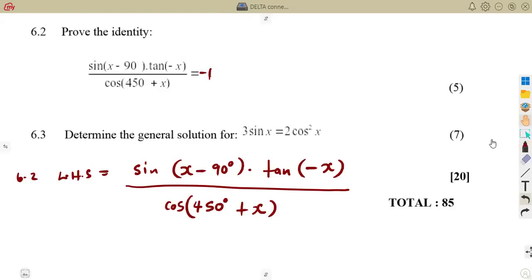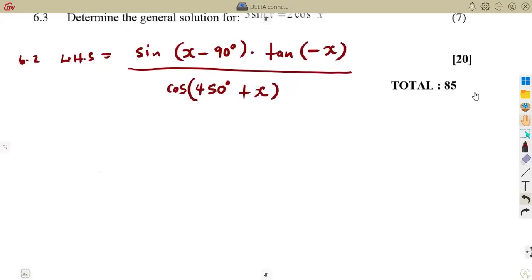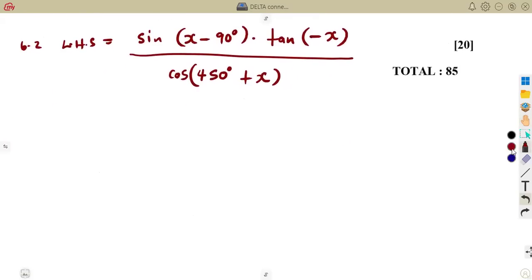Let's see. Working with this, remember your core functions. We know that the sine of 90 degrees minus x is equal to the cosine of x. What about when it is x minus 90? What do you think is going to happen?